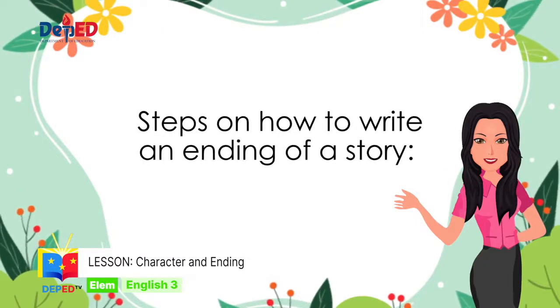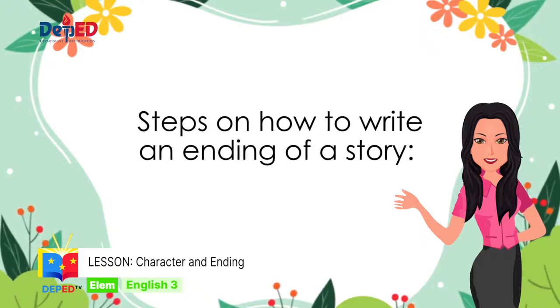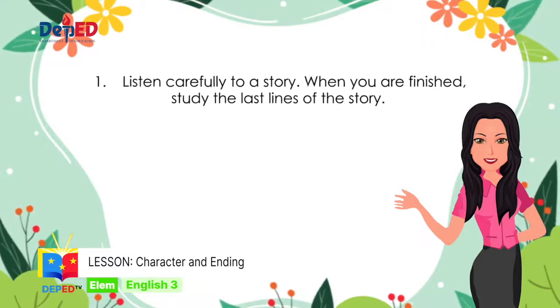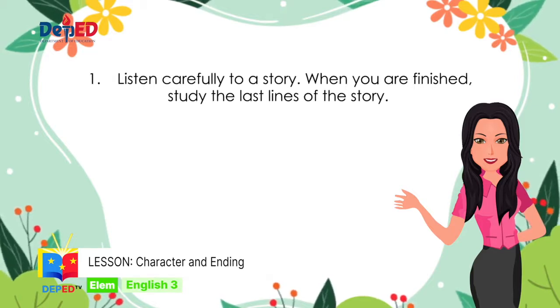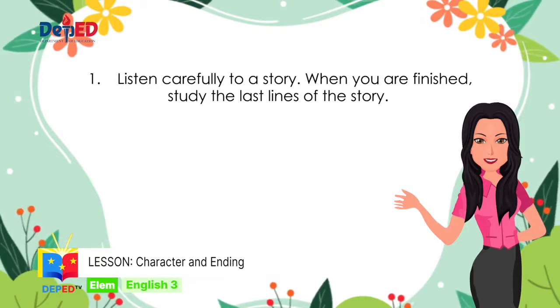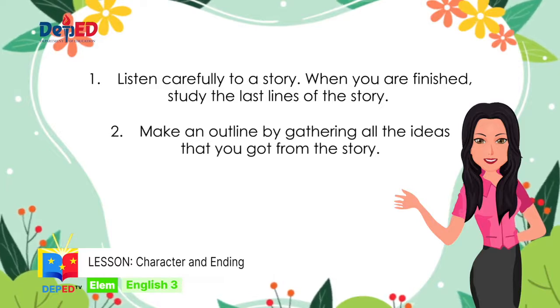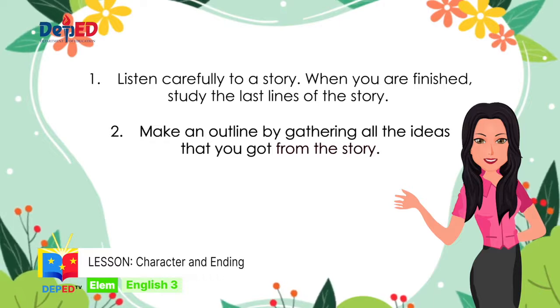So what are the steps in writing a good ending for a story topic? Here they are. Number 1. Listen carefully to a story. When you are finished, study the last lines of the story. Number 2. Make an outline by gathering all the ideas that you got from the story.